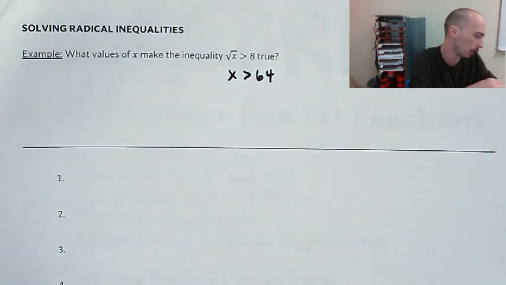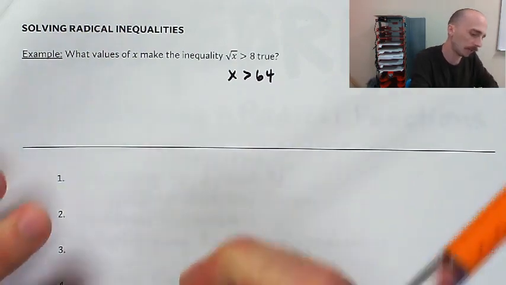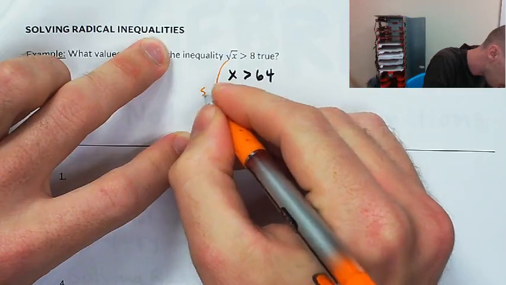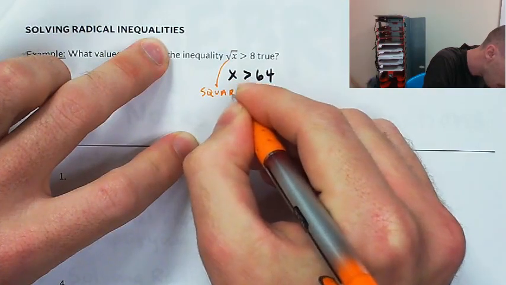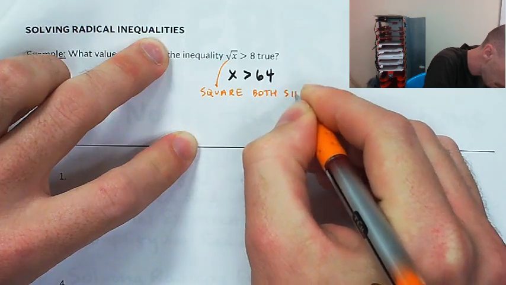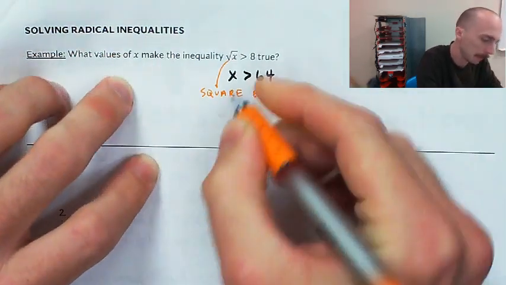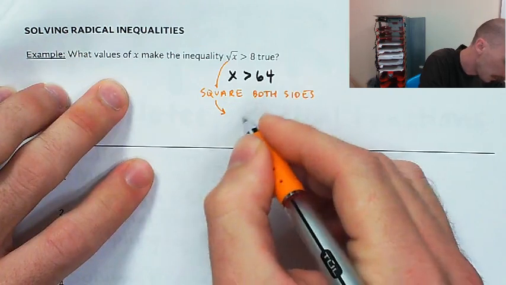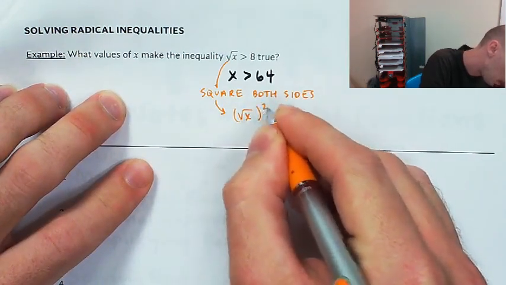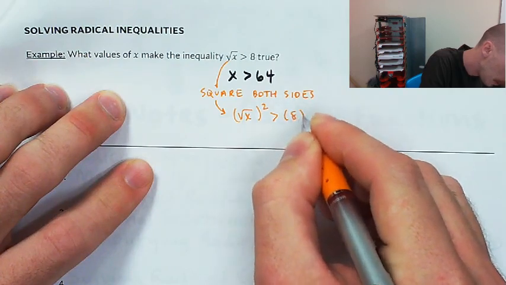But we could also look at this as squaring both sides, which is still okay for an inequality. If we do that, we're going to have the square root of x squared is greater than 8 squared.